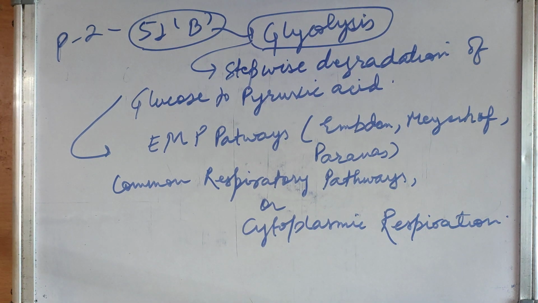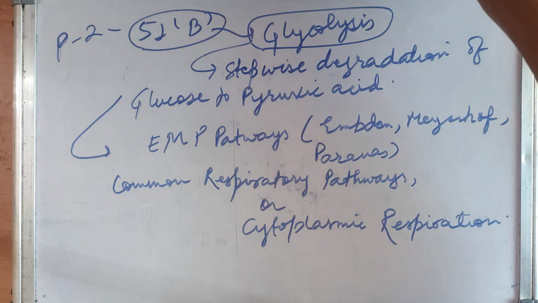Now we'll see the steps through which glycolysis takes place, through which glucose is converted into pyruvic acid.